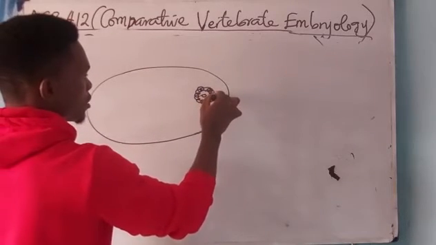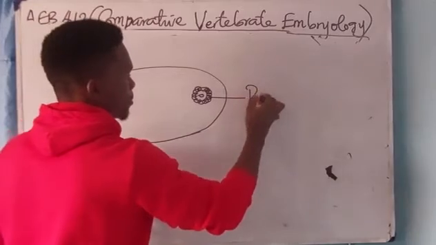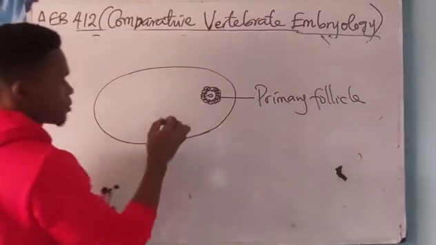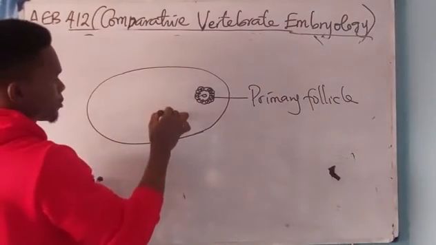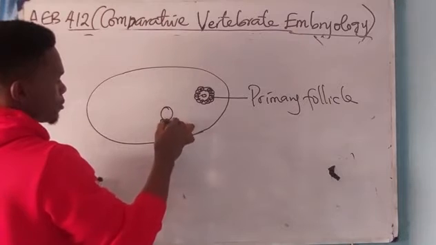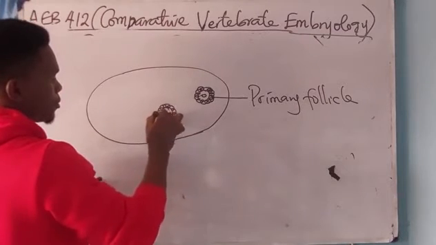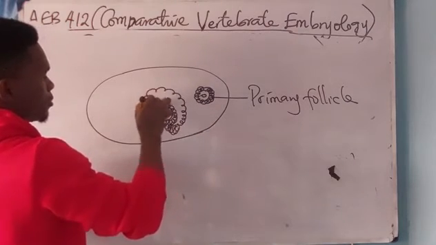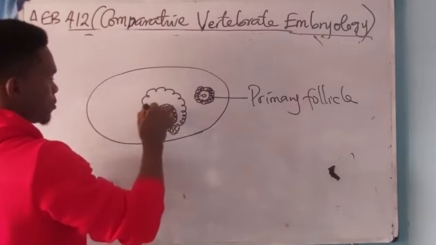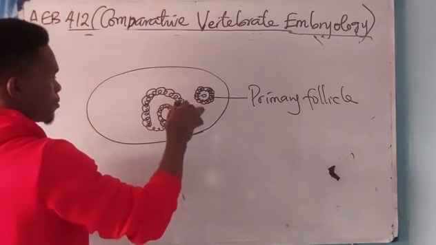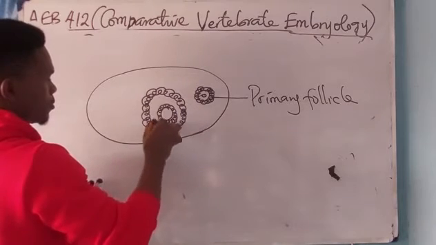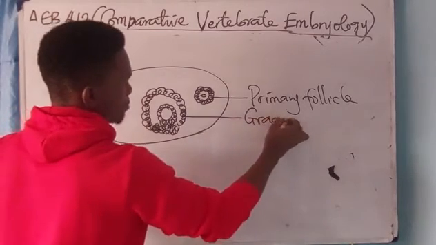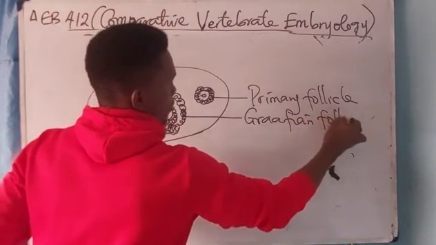This is called the primary follicle. You now have the Graafian follicle.